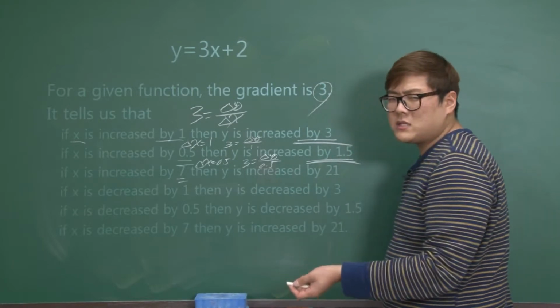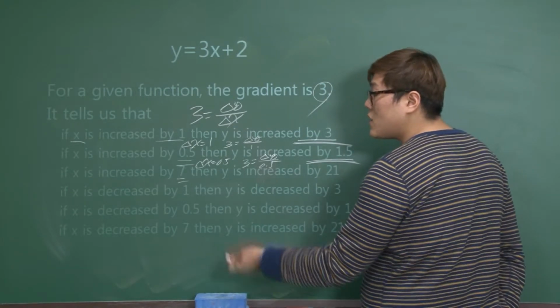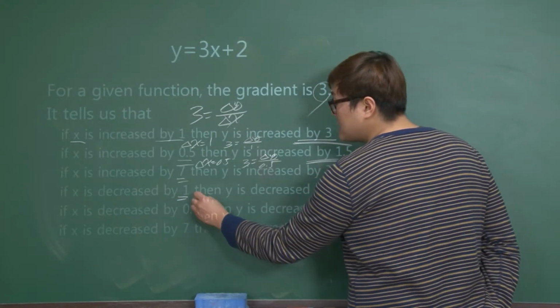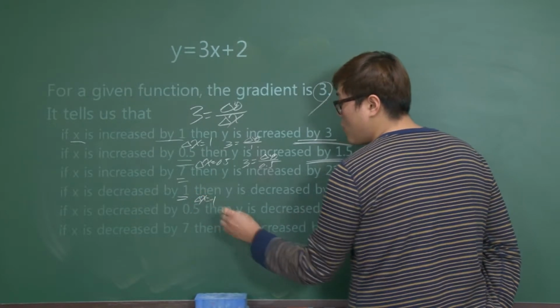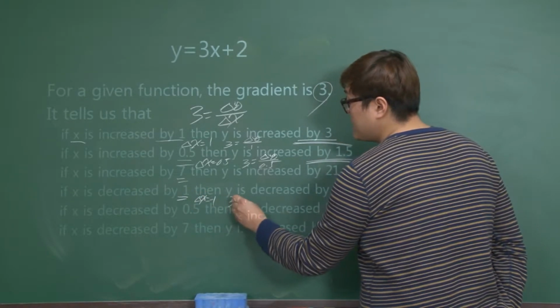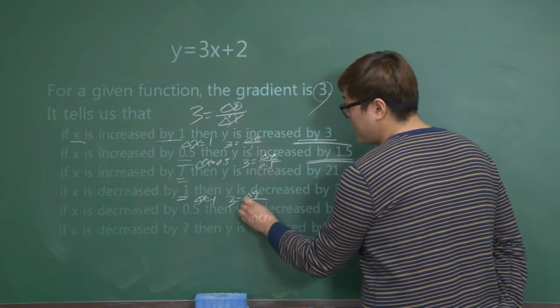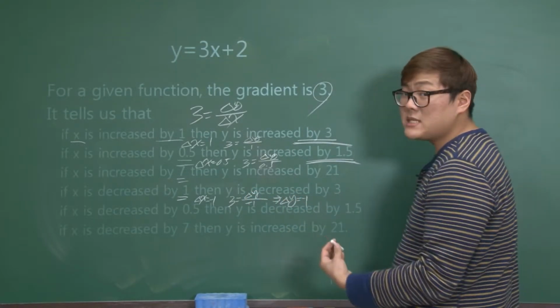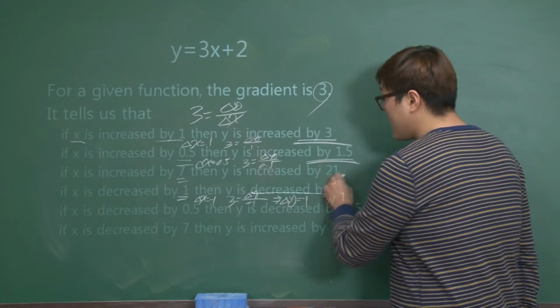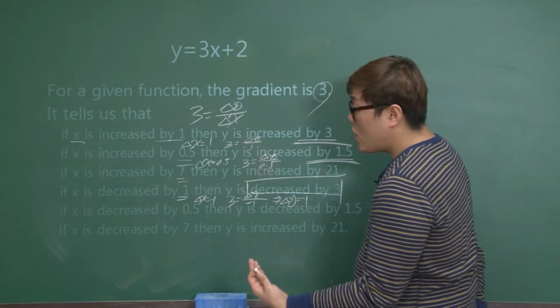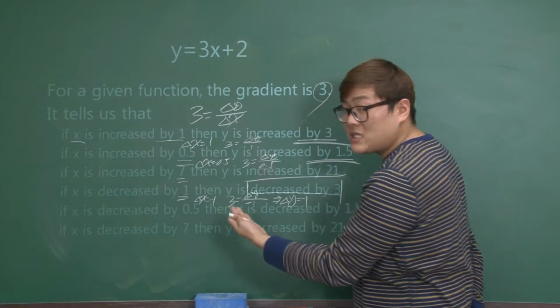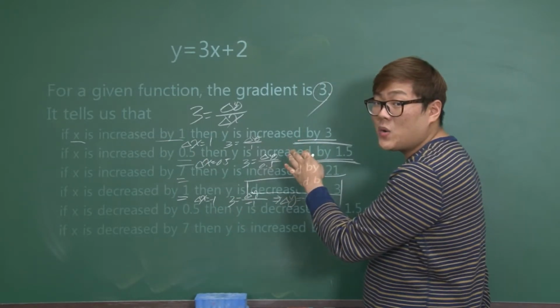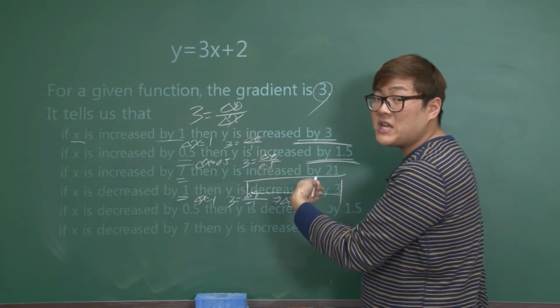Let's think about what if it's decreased. If x is decreased by 1, that means delta x is going to be negative 1. Then 3 is delta y over negative 1, so delta y is going to be negative 3, which means y is decreased by 3. So if you increase x by some value, y is also going to increase, but at some ratio.